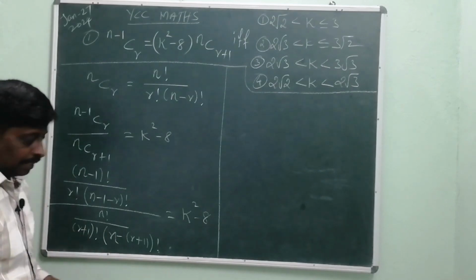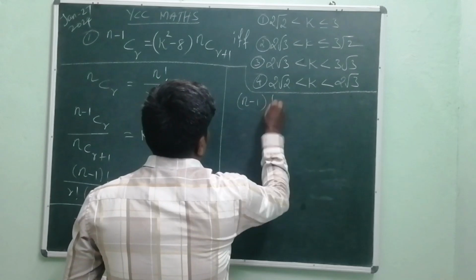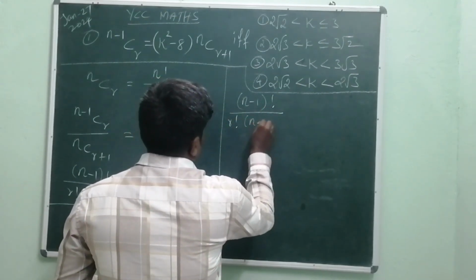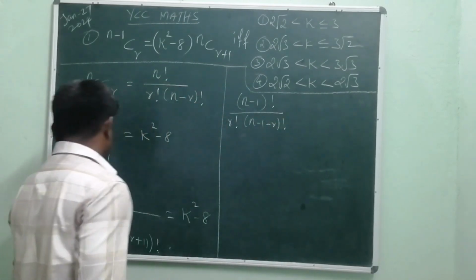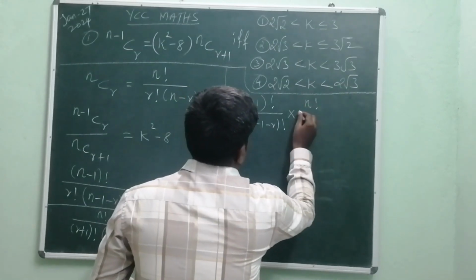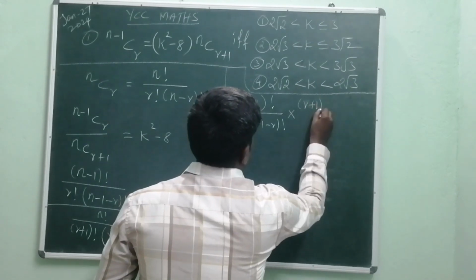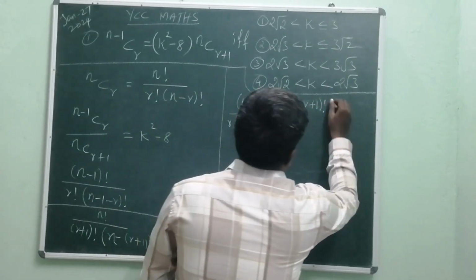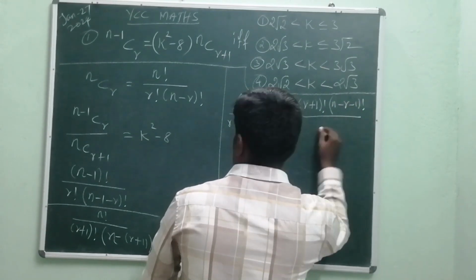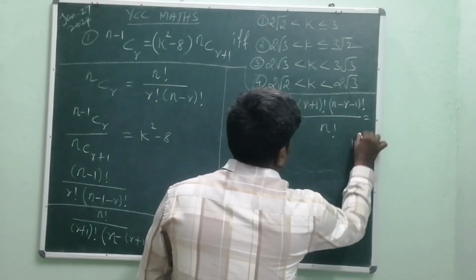We take the reciprocal of the denominator to bring it to the numerator, that is n factorial, r plus 1 factorial into n minus r minus 1 factorial by n factorial, equal to k square minus 8.